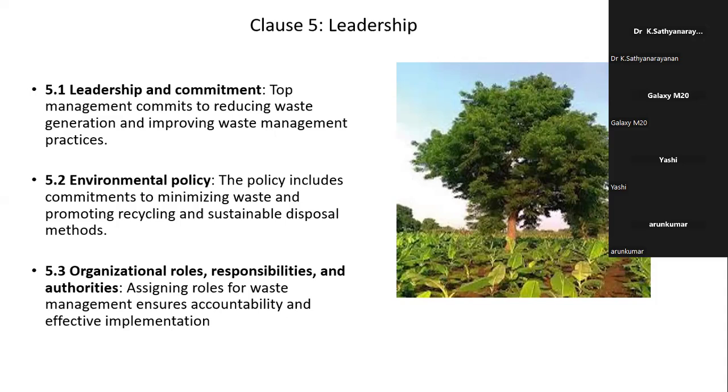Next, about the roles, responsibilities, and authorities. Ensure this is done for all of 14, 45, and 9K. As of now, we got the amendment letter for 14, but many people are saying that if you have an integrated management system, IMS, and 14 is being changed, it has to be done for 45 also.